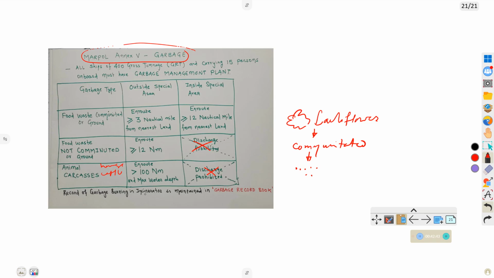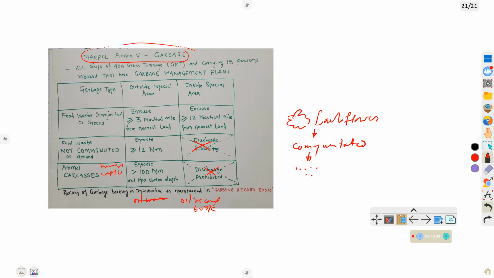Record of garbage burning in the incinerator is maintained where? Oily water separator, in the oil record book. Question ऐसा आता है, means they try to make you jumble.